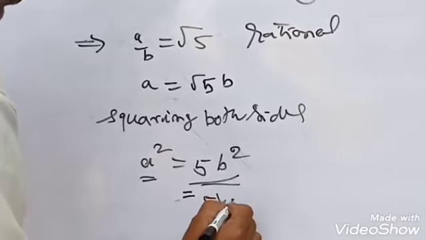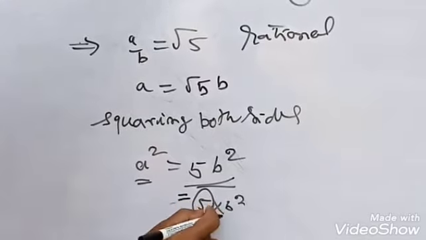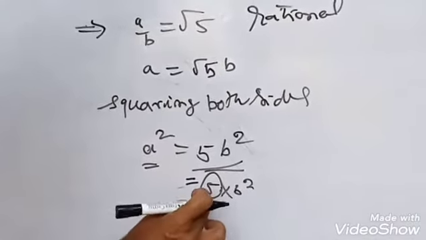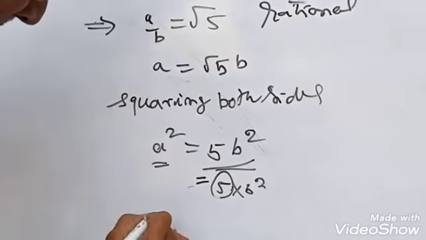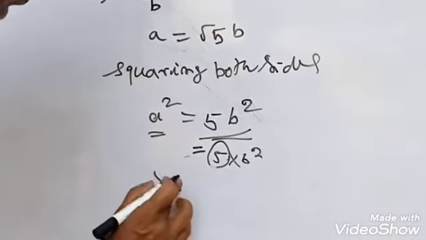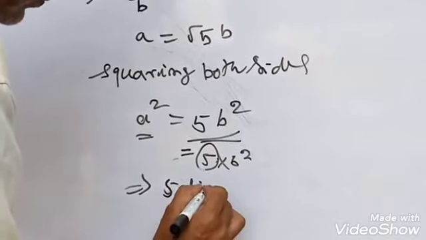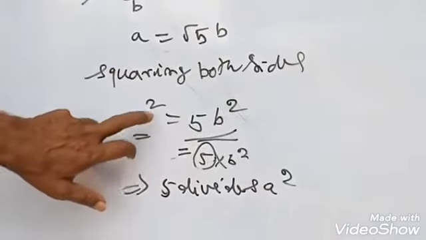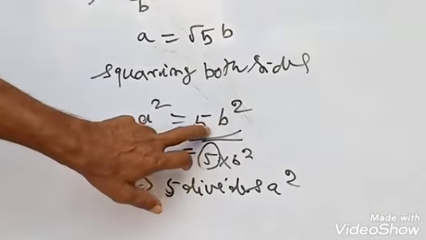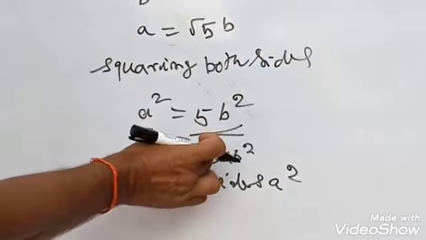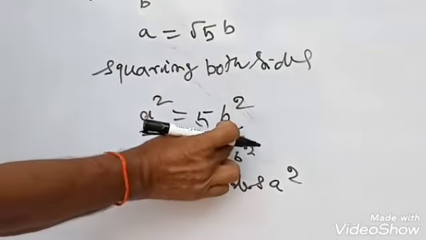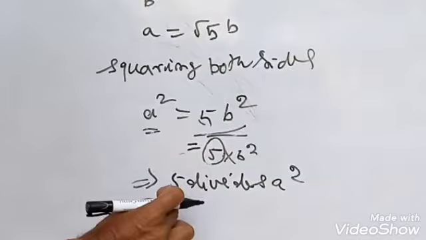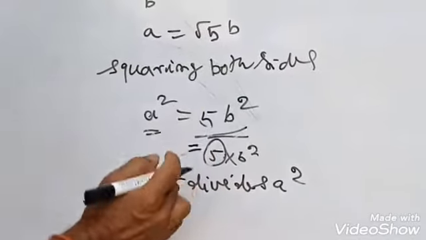This is 5 into b square, which means 5 is a factor of the total. If 5 is a factor of this total, then 5 will be a factor of a square also, because these two are equal.